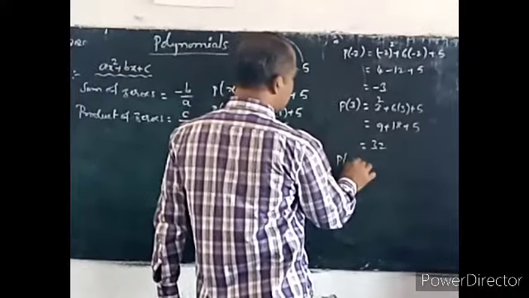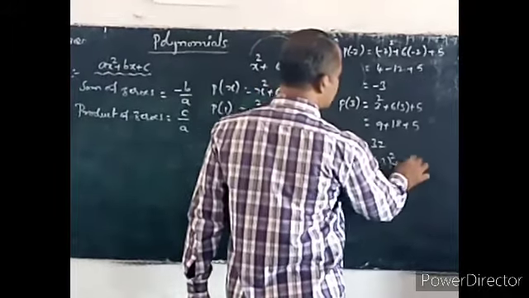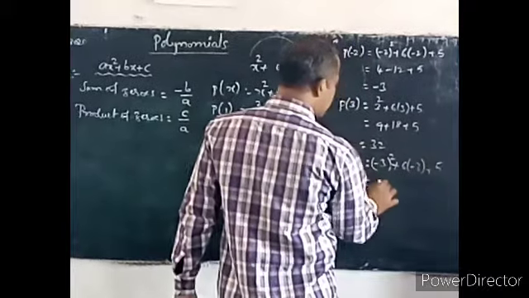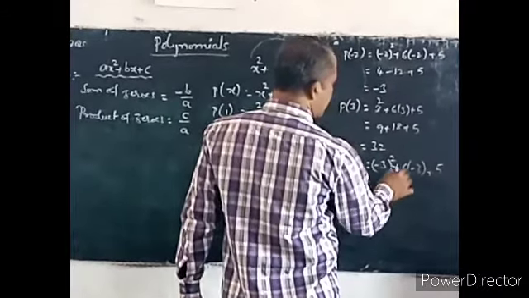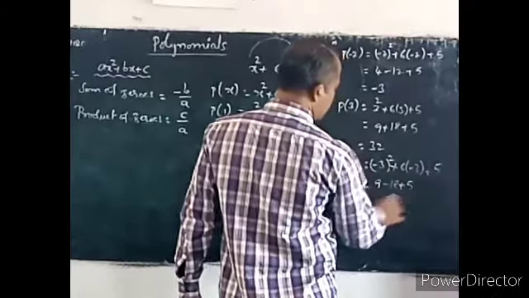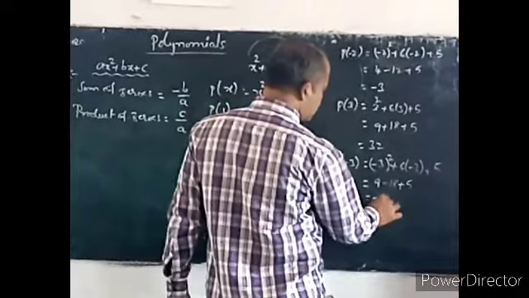P of minus 3. Minus 3 whole square plus 6 into minus 3 plus 5. Minus 3 square is 9, plus 6 into minus 3 is minus 18, plus 5. 9 plus 5 is 14, 14 minus 18 is minus 4.